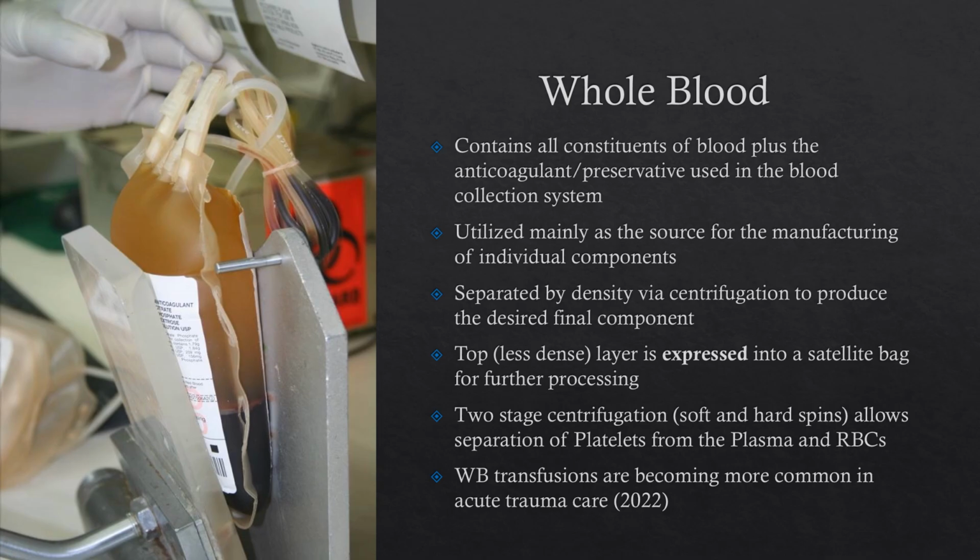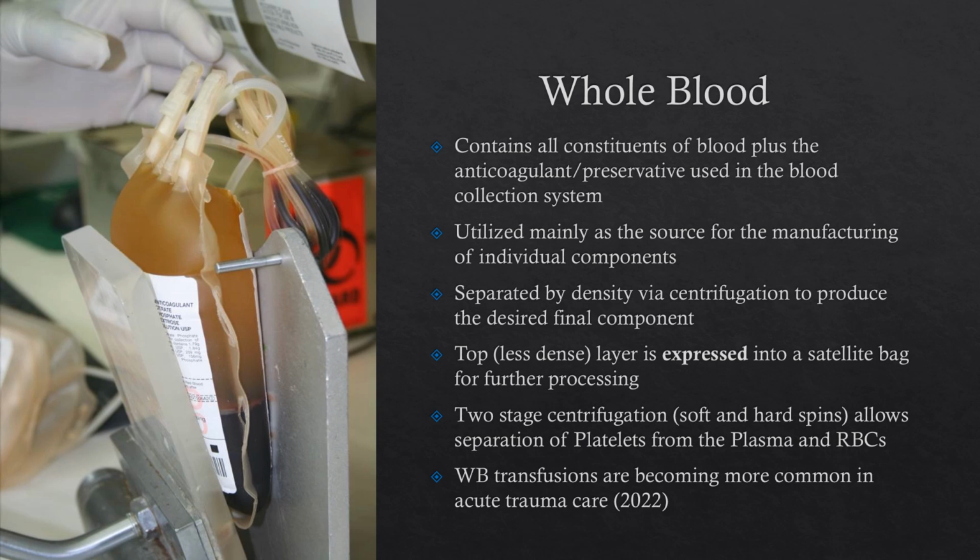Once we've got them separated, we can do a lot of different things, and we'll talk about those individually here in just a few slides. One interesting thing is that recently, in the past few years, trauma institutions are more and more using whole blood for emergent transfusions.